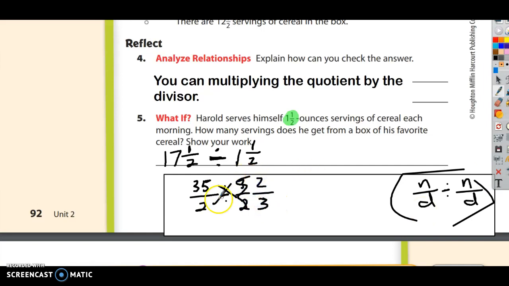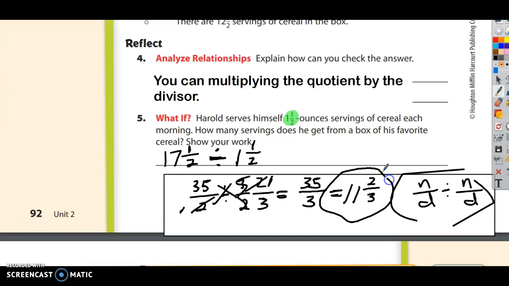And check out how easy this simplifying is. 2 and 2 share a factor of 2, so it becomes 1 and 1. 35 times 1 is 35. 1 times 3 is 3. 35 divided by 3 is not quite 12, because 3 times 12 is 36, so that means it's only 11. 11 times 3 is 33, so that means there's 2 left over. It's 11 and 2/3. It says how many servings, so the answer is 11 and 2/3 servings.